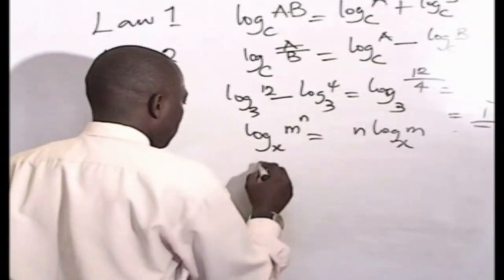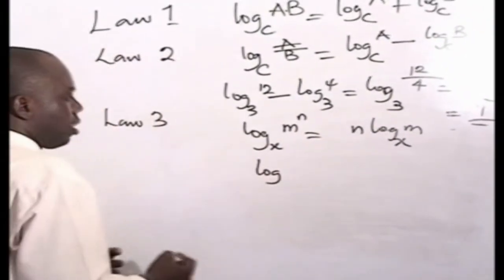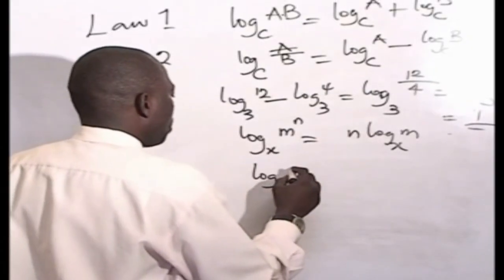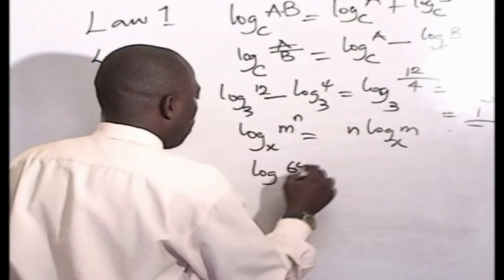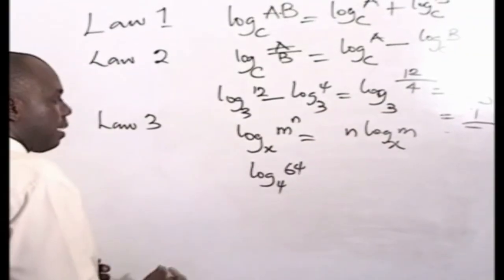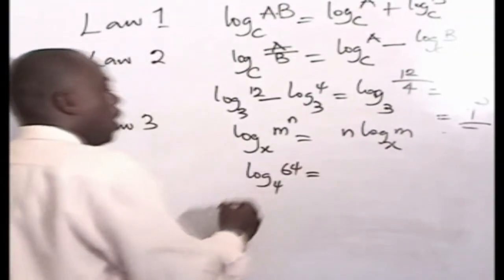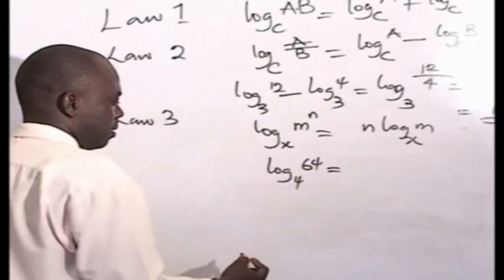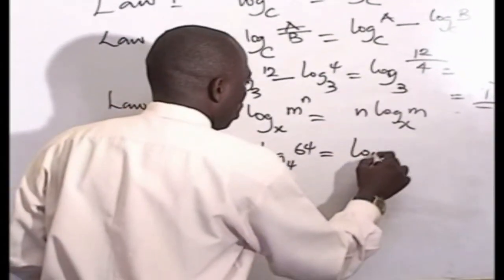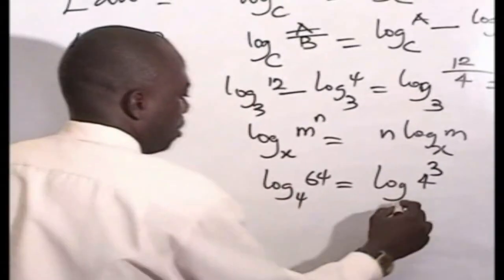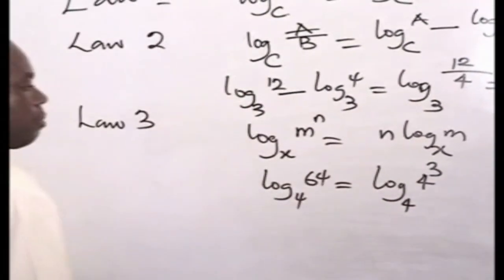Let me give you an example. Let's say for instance I give you a question like this: log 64 base 4, and I ask you to simplify this. 64 can be expressed in indices format, in which case you could say log 64 is the same thing as 4 raised to power 3, still to base 4.